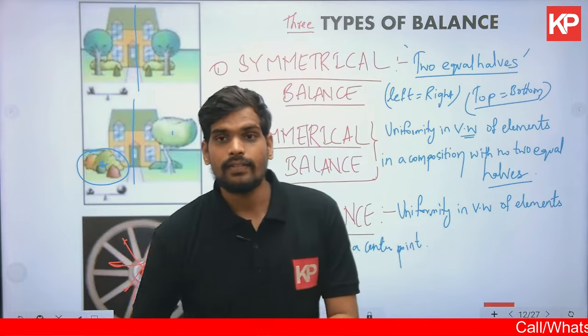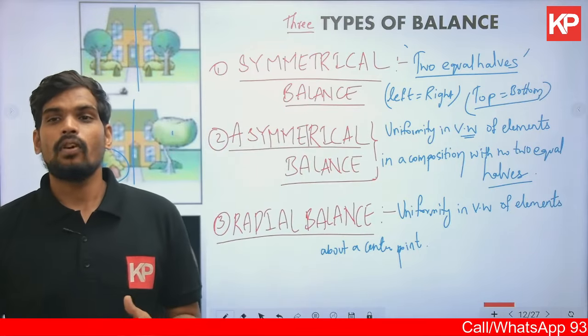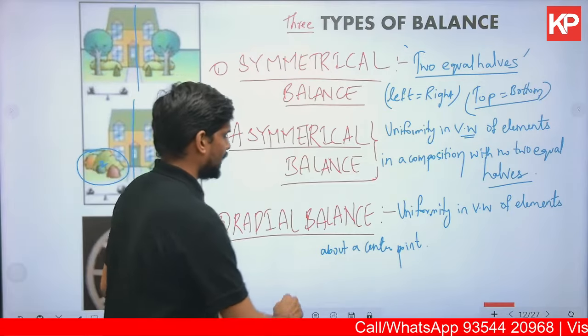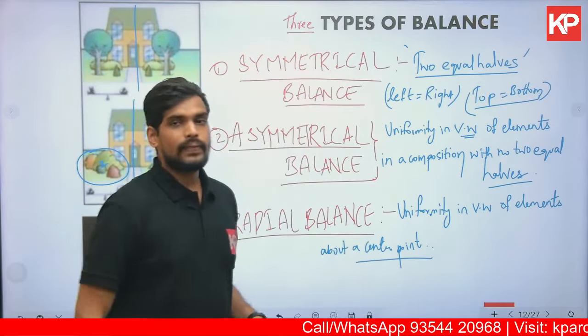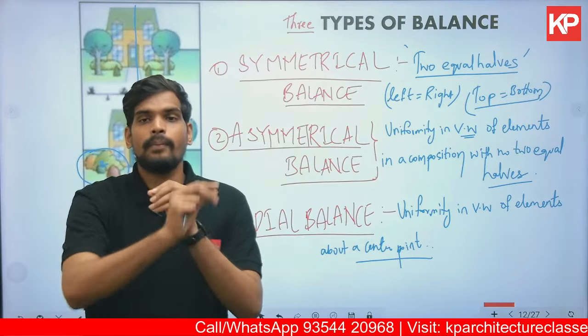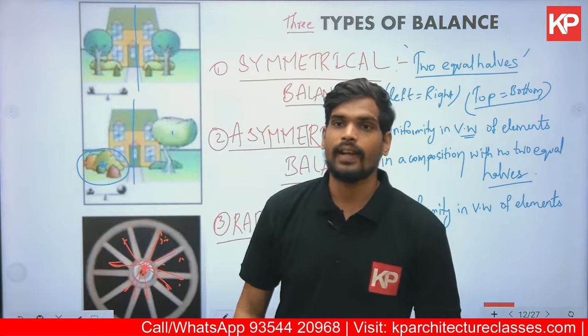Whenever you have a center point, it's called radial. So uniformity in visual weight of elements about a center point is called radial balance. So generally radial balance will have a center point in the design, and the elements will be distributed uniformly about that center point. That is the third and final type of balance.